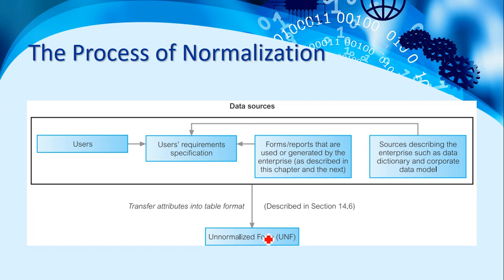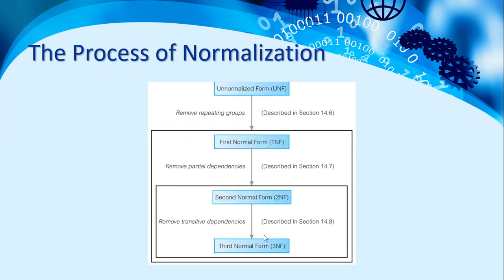Then after that, from the unnormalized form, we remove the repeating groups in order to achieve first normal form. Then sa first normal form, we remove the partial dependencies para ma-achieve natin yung second normal form. And then last, we remove the transitive dependencies para ma-achieve natin yung third normal form na table.